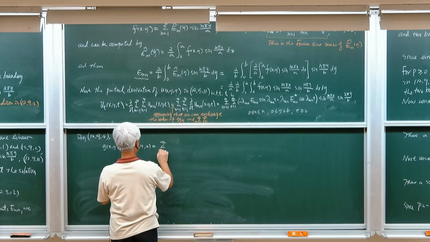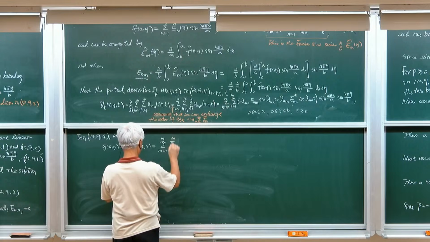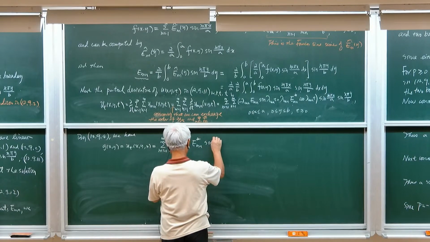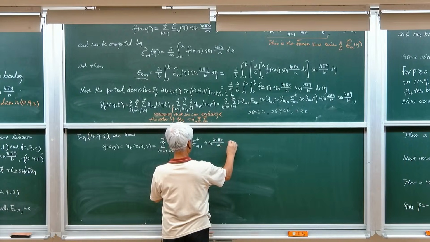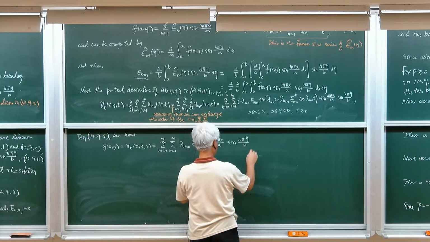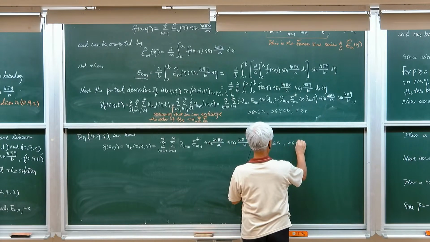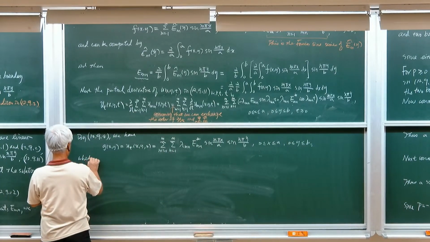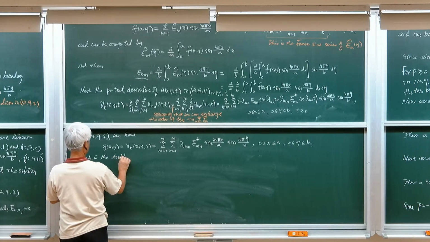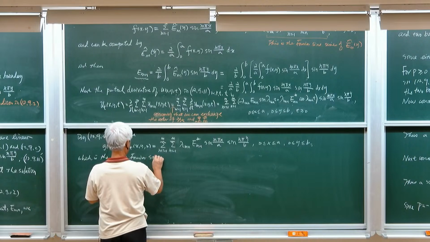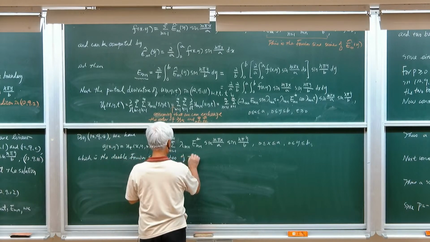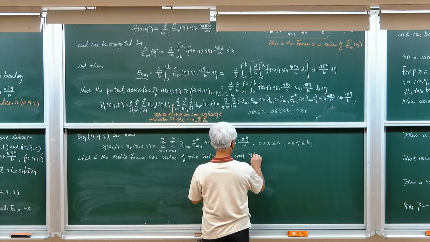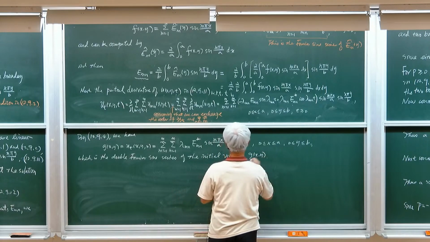So this becomes the double sum of lambda sub mn E sub mn star, sine(n pi x / a) sine(n pi y / b), which is the double Fourier sine series of the initial velocity g of x, y.